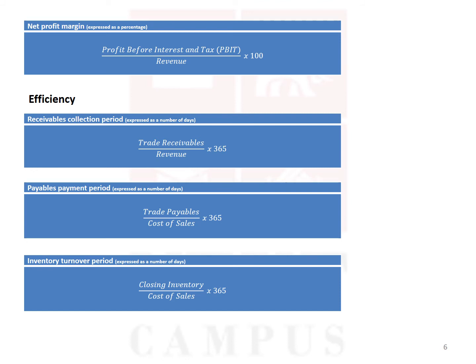That's why you multiply that by 365. Once again repeating, receivables collection period, trade receivables divided by revenue into 365, payables payment, that means how quickly you pay, trade payables divided by cost of sales into 365, inventory turnover, closing inventory divided by cost of sales into 365.